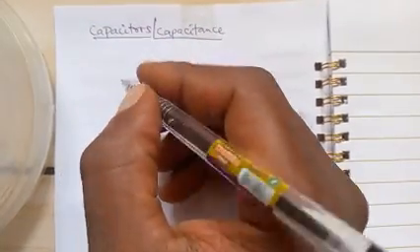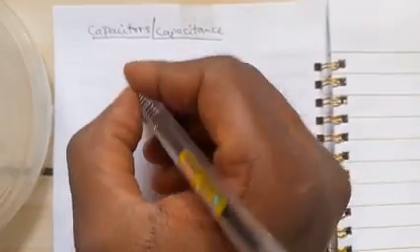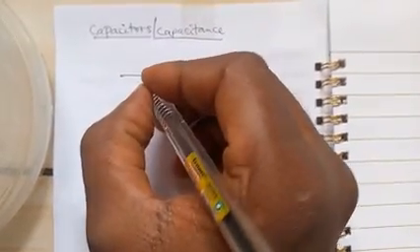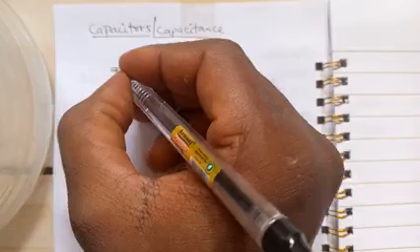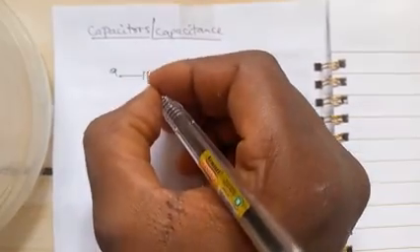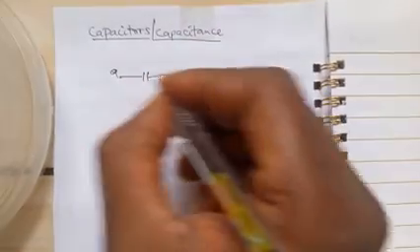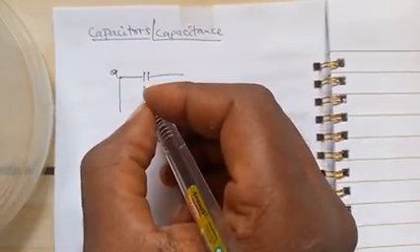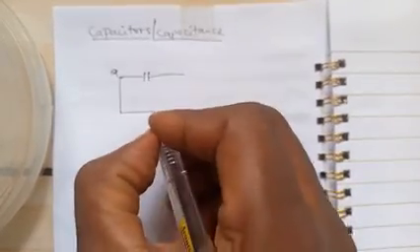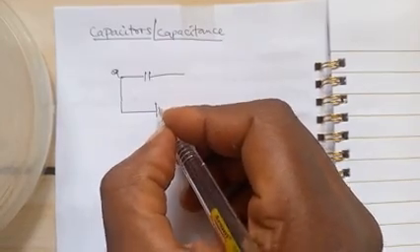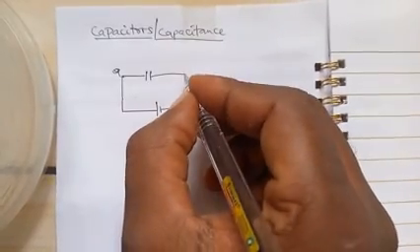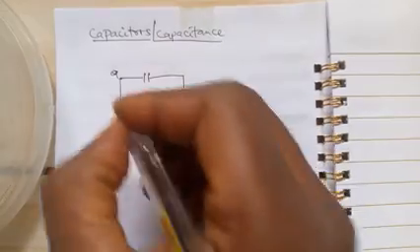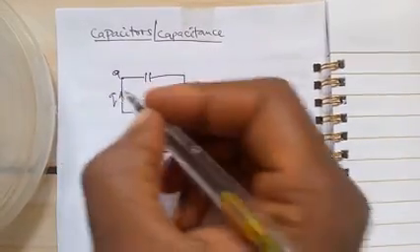If we have a circuit, for example, let's say here is point A. A capacitor is represented with two parallel lines that are of equal length. So let's say this is a cell or a battery, and the charge flows like this.